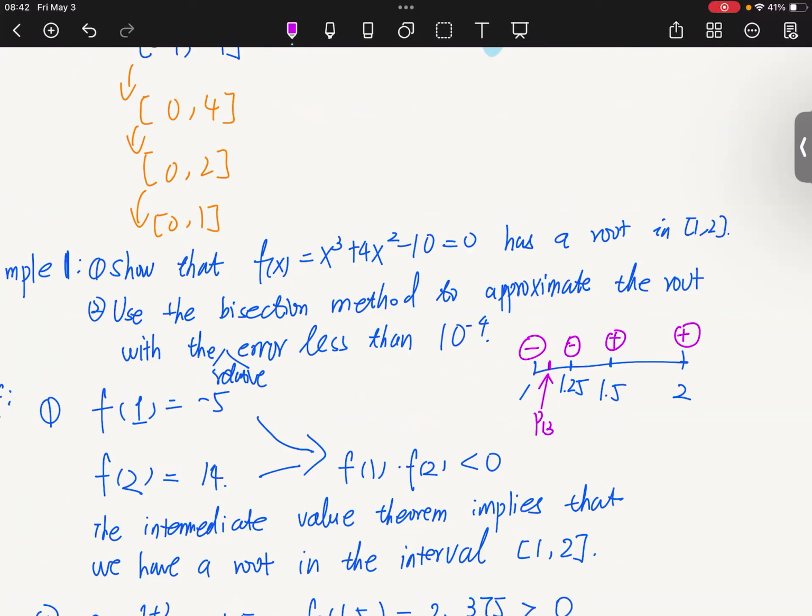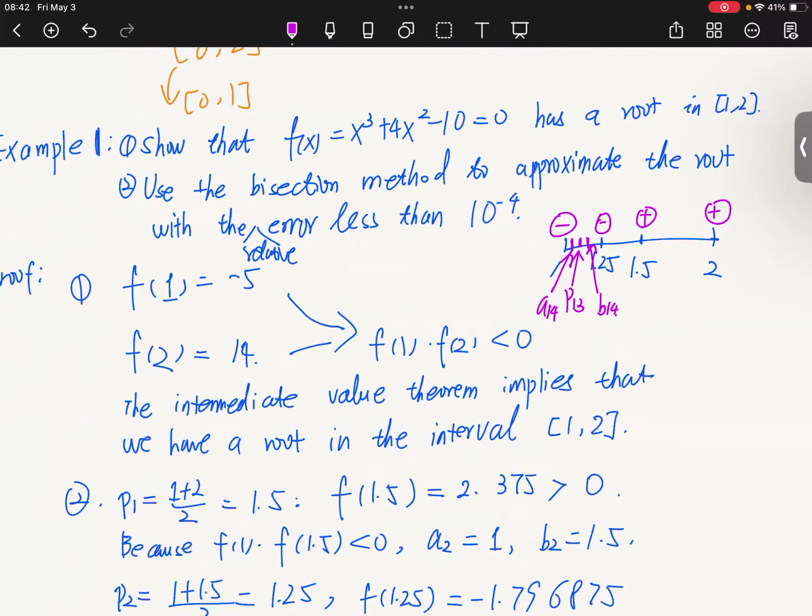And this is the interval, this is the interval A14 and this is B14. This is the iteration number.